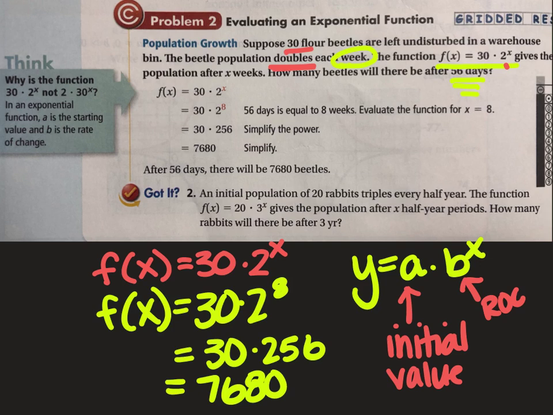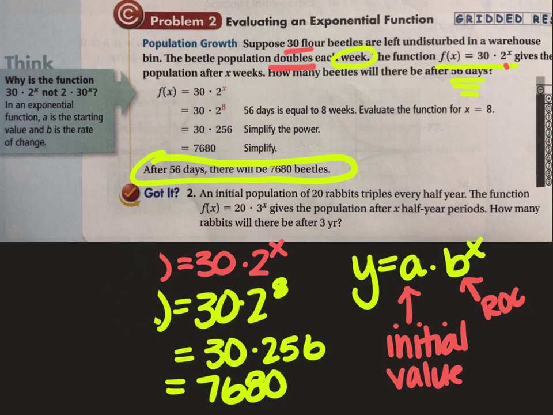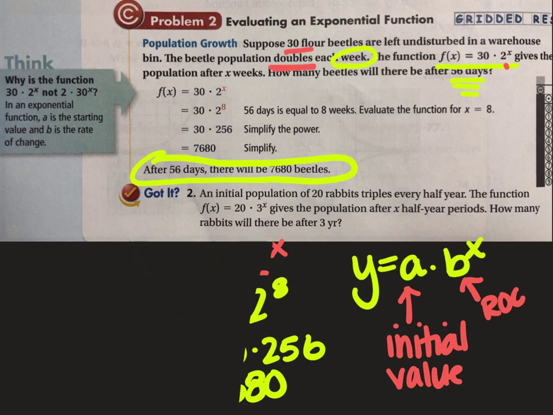So after 56 days or 8 weeks, there will be 7,680 beetles. Okay. Erase this real quick, and let's look at the bottom one.